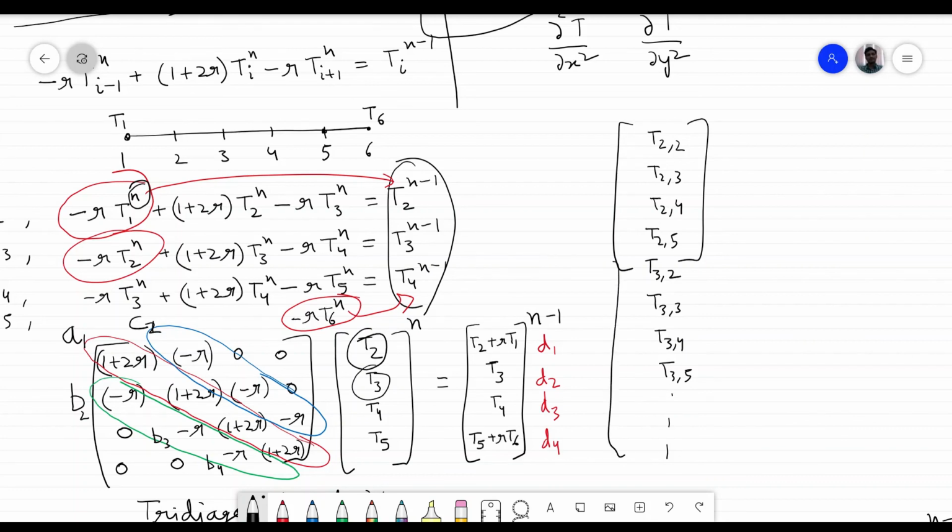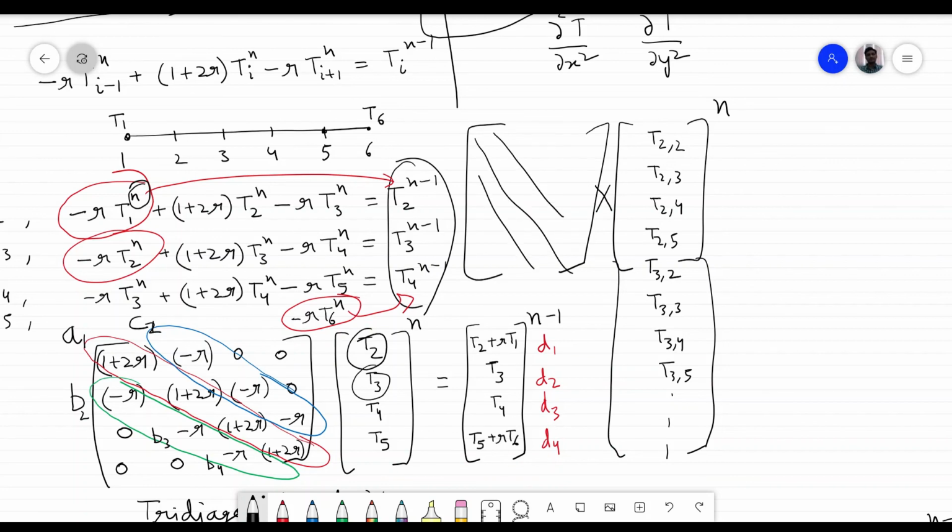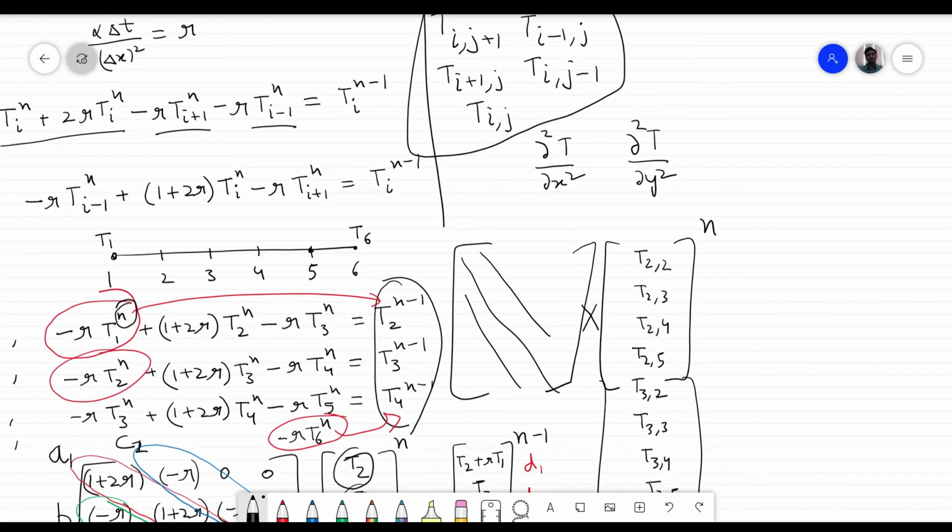So you can see this big array at nth time step for 2 dimensions. And then the matrix that multiplies here, how many diagonals will it have? You can imagine, instead of 3 diagonals that we saw here, now you will have 5 diagonals. You can write the whole equation and check that.